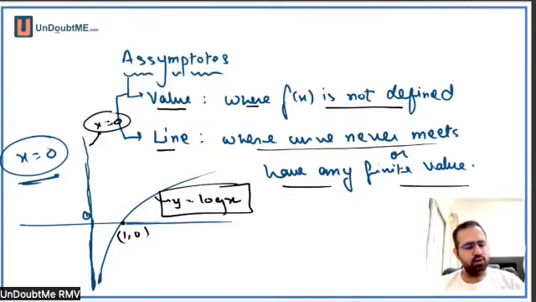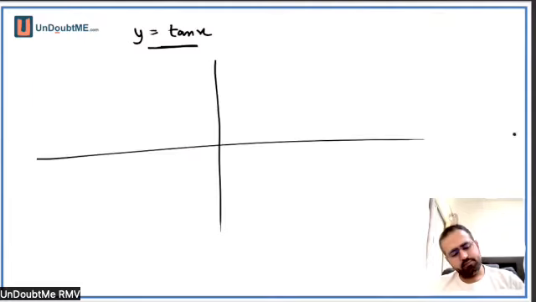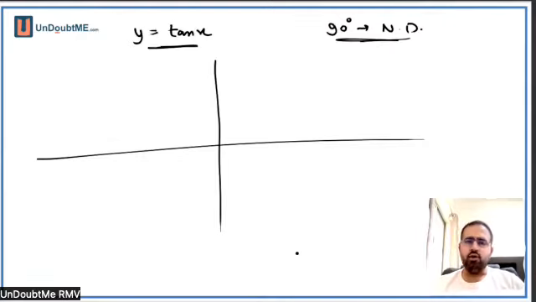Now based on this, we can understand the graph of tan. From our previous knowledge of trigonometry, we have observed that tan of 90 degrees is not defined. On the graph, 90 degrees is over here.